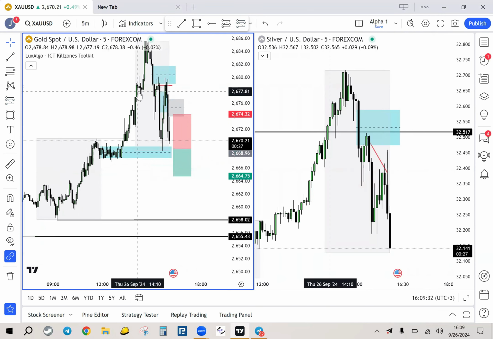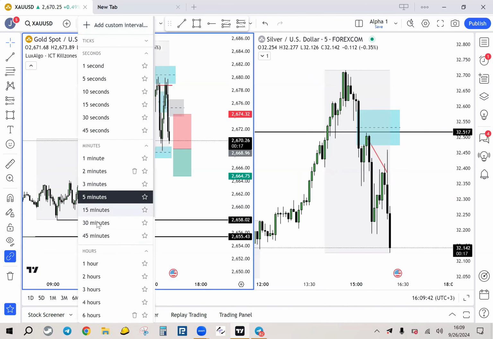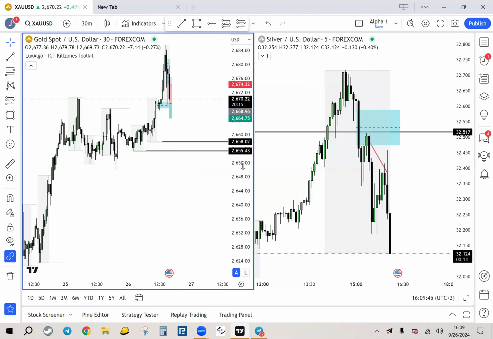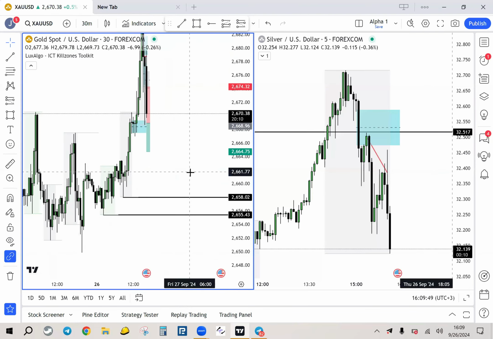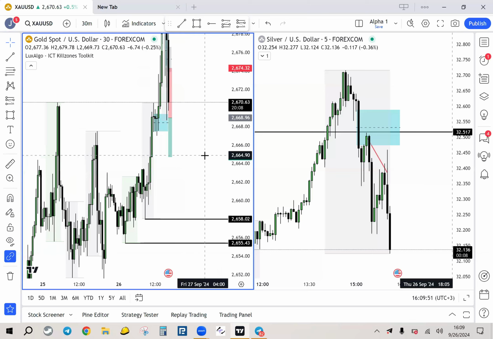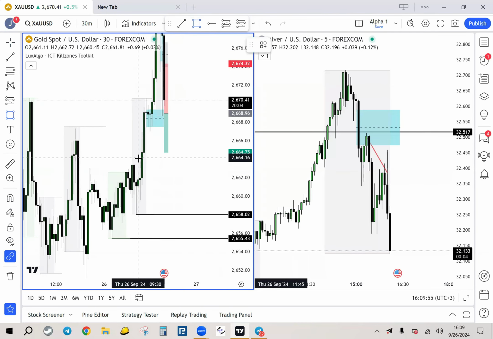Now, because this is just a continuation divergence, in other words, it's just showing temporary weakness, okay? What I want to do now is go to the higher time frames, 30 minutes, 1 hour, and see where we have fair value gaps that were left open, that have never been rebalanced.